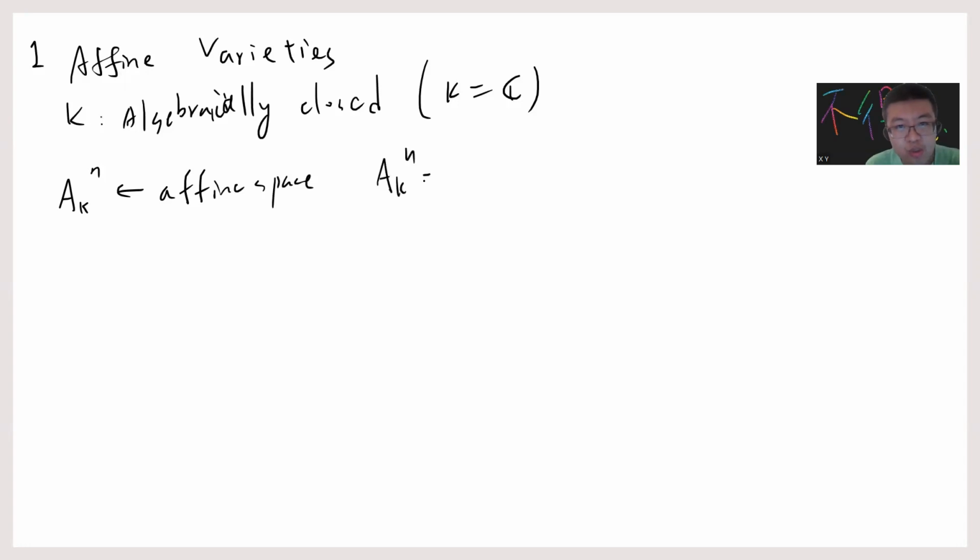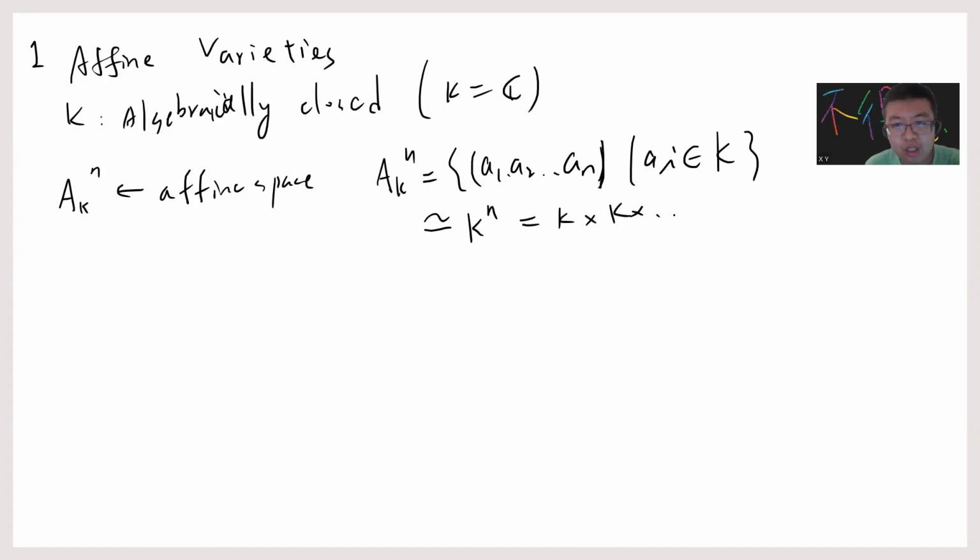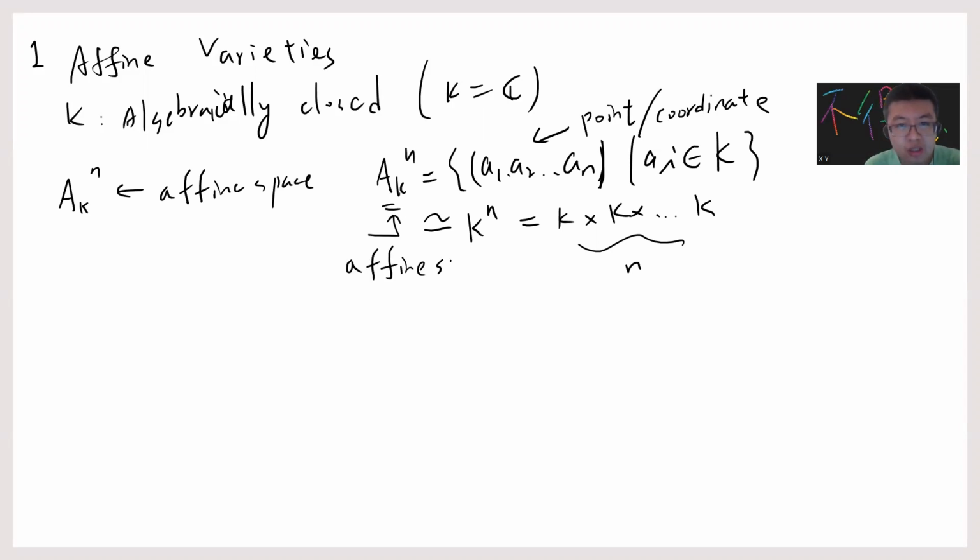As a set it is very simple: you just collect (a1, a2, up to an), where each ai belongs to K. So it is just K times K, n times, the coordinates. These are called points, or sometimes coordinates. This is called affine space. When n is 1, we usually call it the affine line.